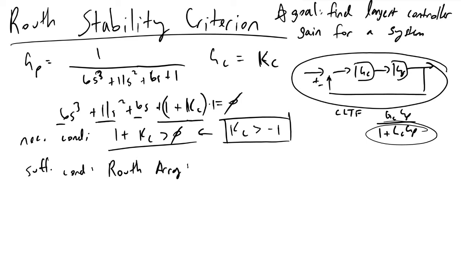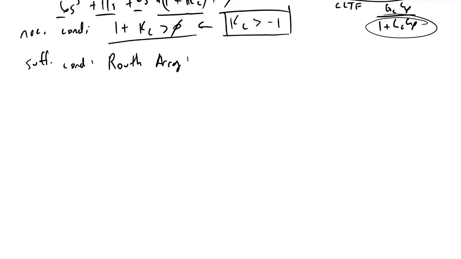If we were to start labeling our coefficients here, A3, A2, A1, A0, we can begin to better understand what is going on in our Routh array. If you look it up in a textbook, the Routh array has this form.